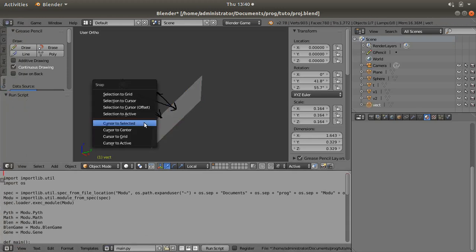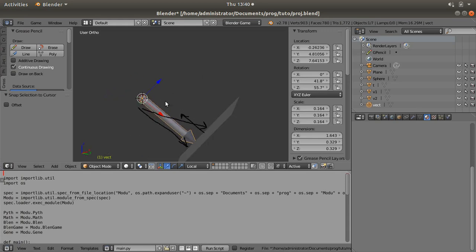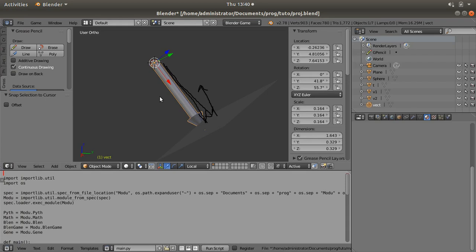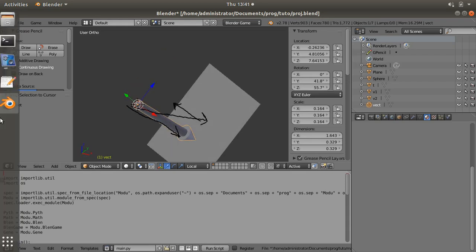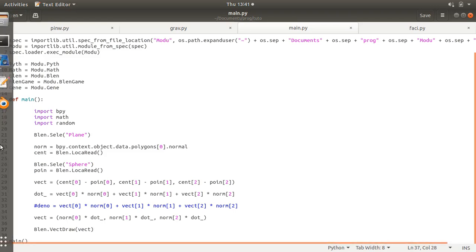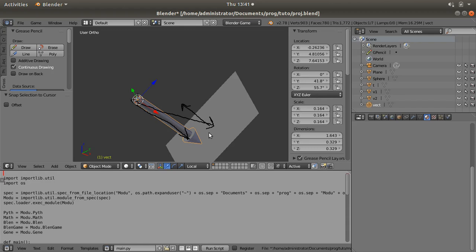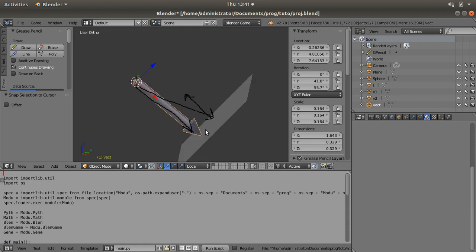So selection to cursor. Okay, so that worked. I drew a vector at the origin, and then I place that vector at the position of my point, and that vector just barely touches the point on the plane, and that's the shortest path.